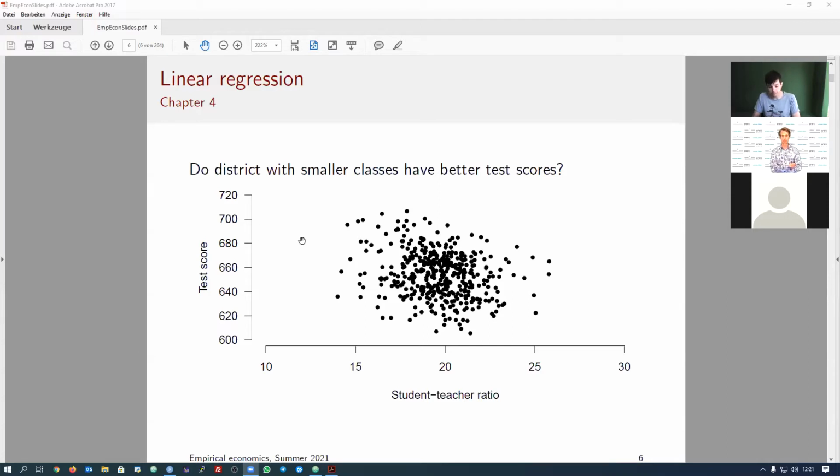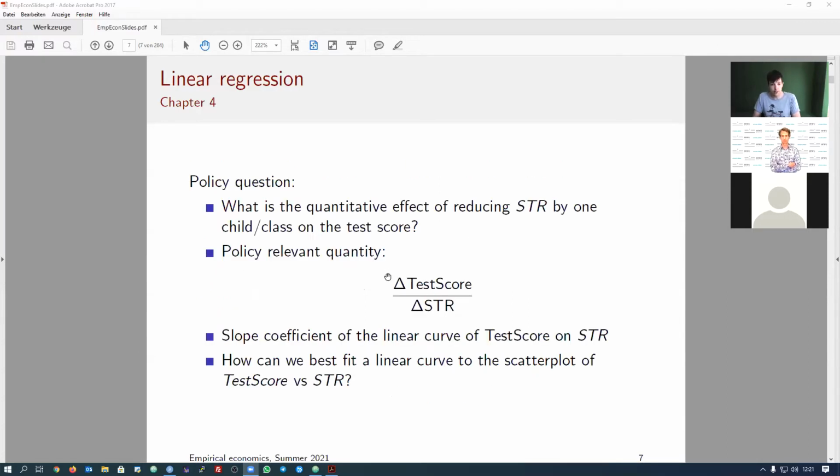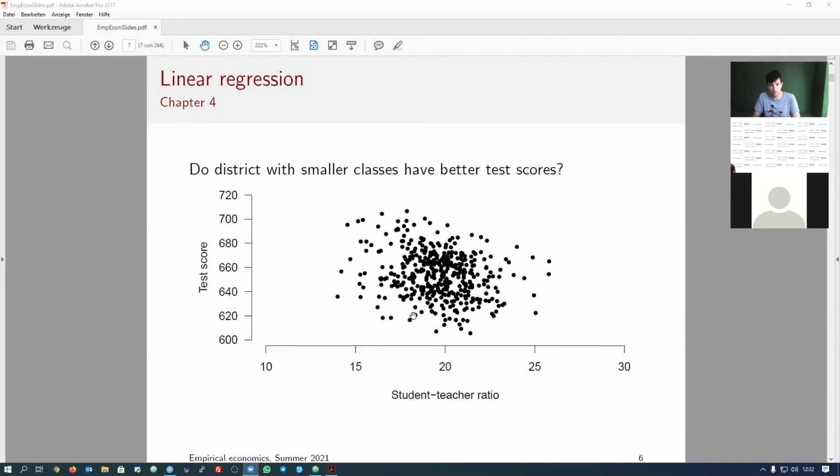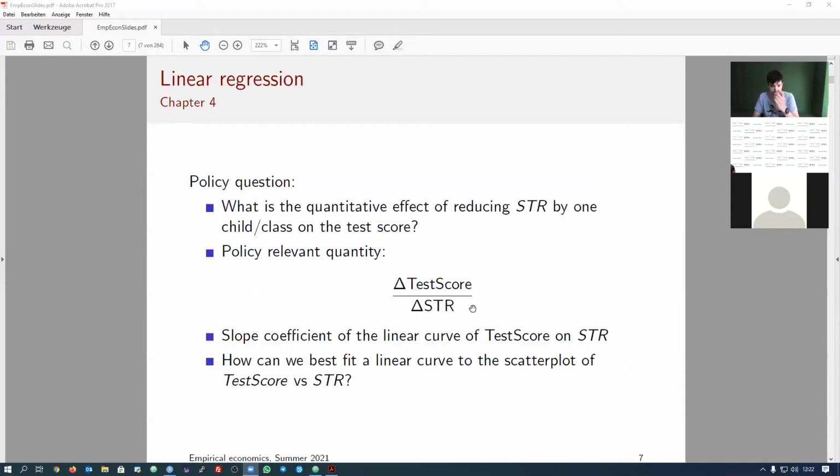Now, what the policymaker is interested in, of course, is the quantitative effect on the test score of reducing class size, so STR, by 1 unit, meaning 1 child per class. If we go from 20 to 19, by how much does our test score increase? Maybe from 600 up to 602 or something like that.